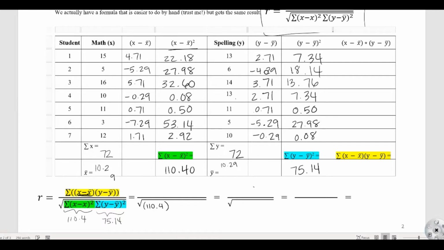And since they're just listed next to each other, we're actually going to multiply them together. So what we need left is the top. So the top is telling me take the deviation for the x for that student and multiply it by the deviation of the y for that student. So I'm going to take this column and multiply it by the value in this column to get here. So 4.71 times 2.71.